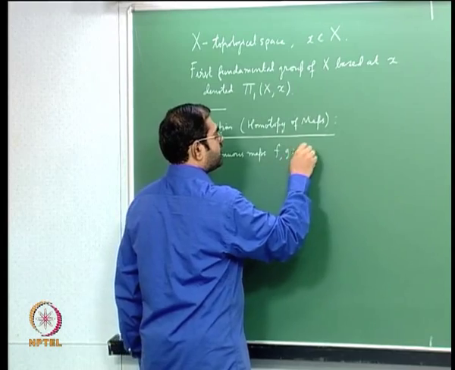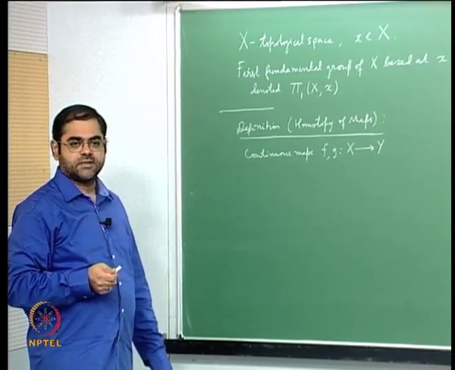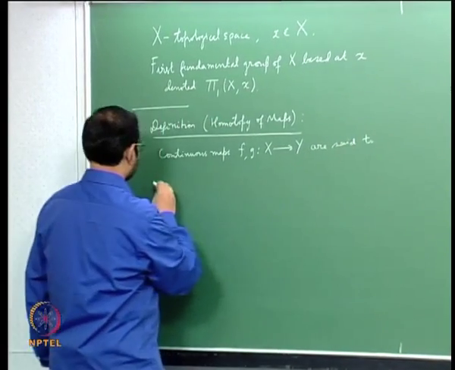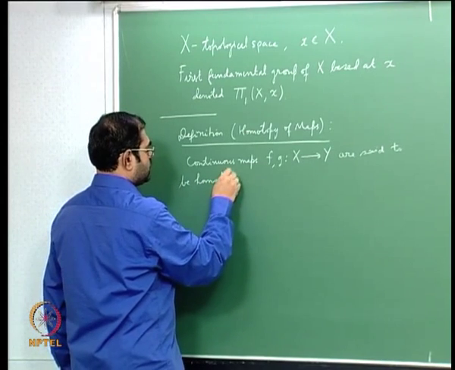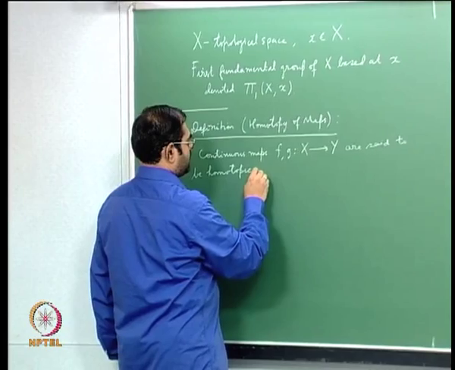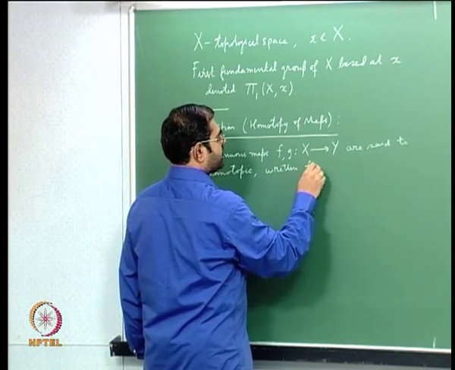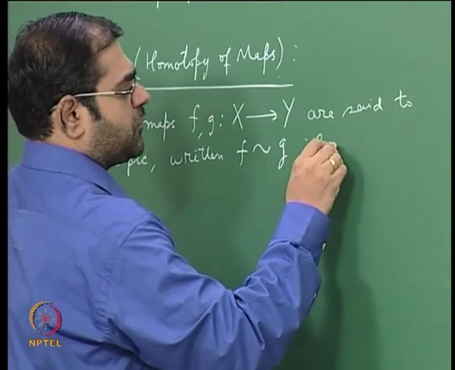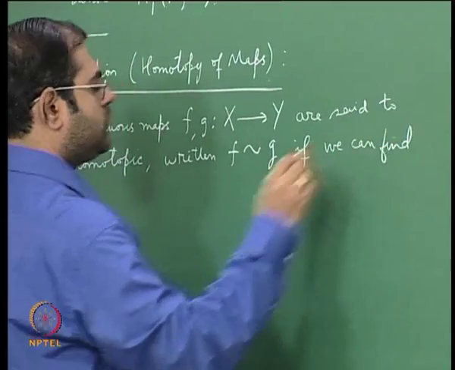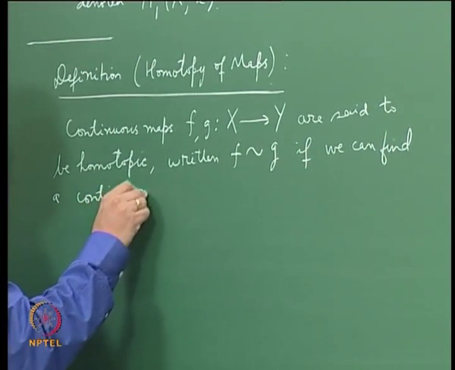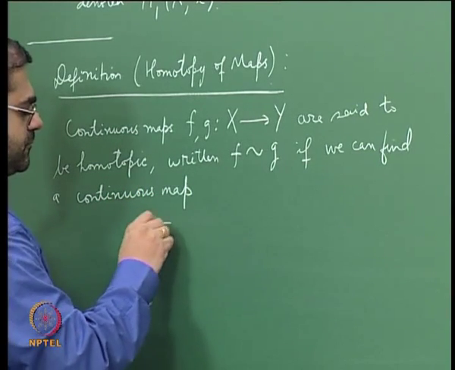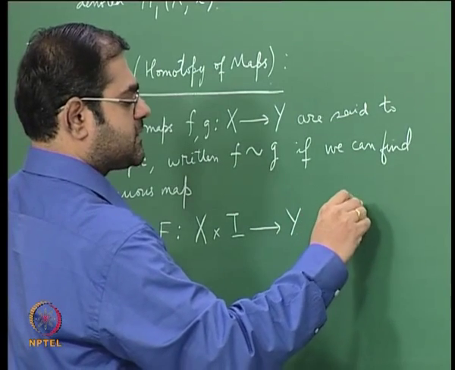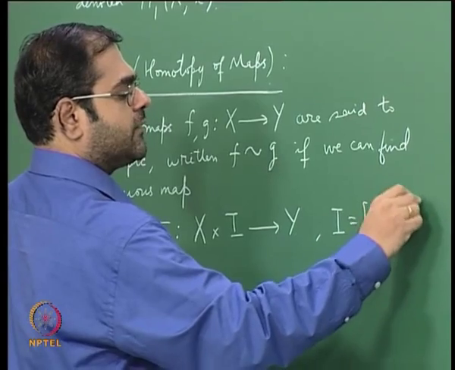Continuous maps f and g from a topological space X into a topological space Y are said to be homotopic, written f homotopic to g, okay, if we can find a continuous map capital F from X cross I to Y, where I is the unit interval on the real line, okay.